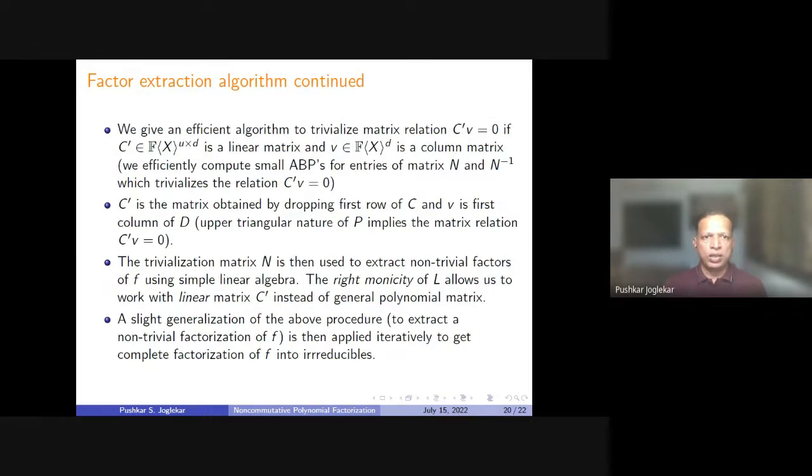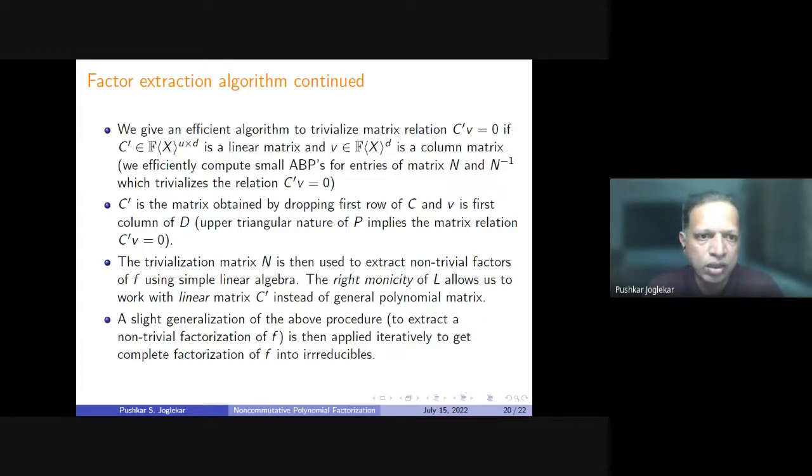So what we do is we give an efficient algorithm to trivialize the matrix relation C prime V equal to 0, where C prime is some linear matrix and V is a column matrix with polynomial entries.